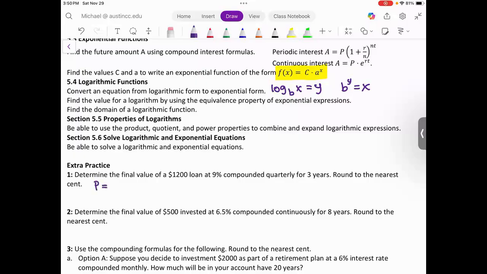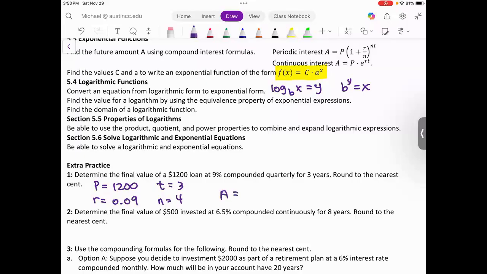We know our initial amount, our P, is 1,200. We have a rate of 9%, but we want to use that decimal representation, 0.09. It is in the account for 3 years, and it's compounded quarterly, or 4 times a year.